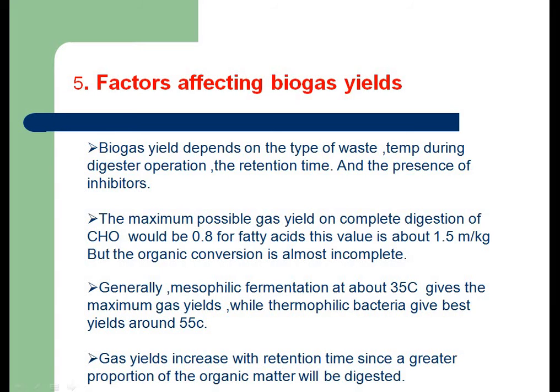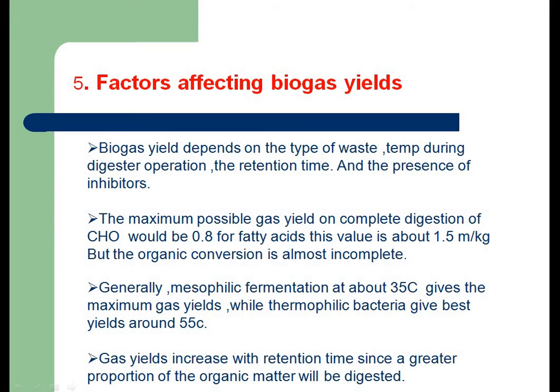The maximum possible gas yield on a complete digestion of carbohydrates would be 0.8, for fatty acids this value is about 1.5, but the organic conversion is almost incomplete. Generally, mesophilic fermentation at about 35 degrees centigrade gives the maximum gas yields, while thermophilic bacteria give best yields around 55.